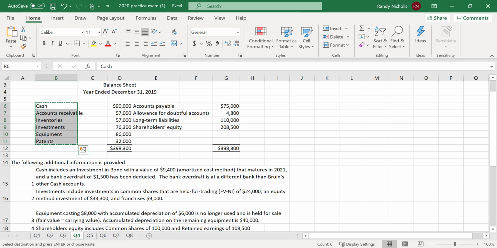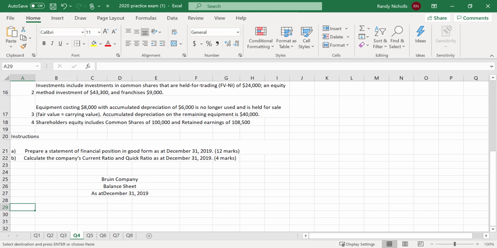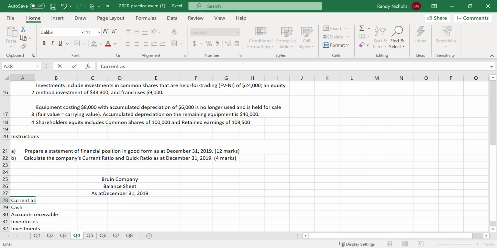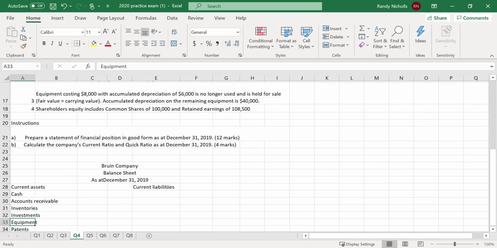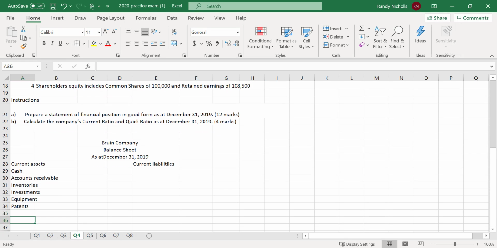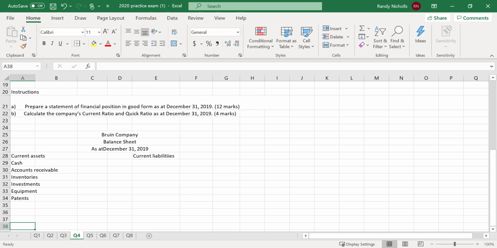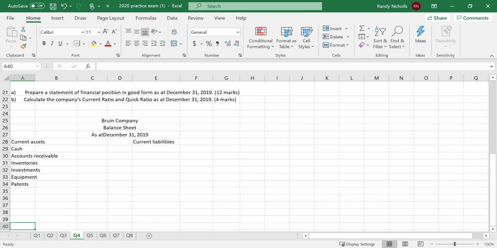Horrible spacing, but we're going to leave it like that. So let's just grab our accounts here. So first things first, balance sheets, statements of financial position always have to be classified. So I would get in the habit of, if you're asked to do one, start with this. Right, I need current assets, I need current liabilities, I need to come to a total of total current, and then I need to come to a total of total assets and total liabilities.